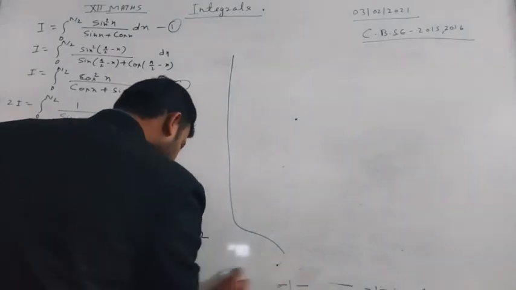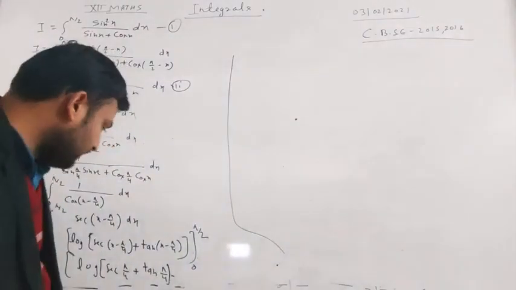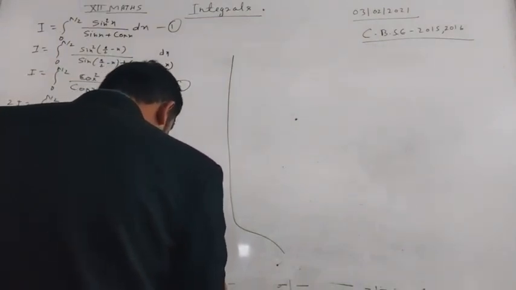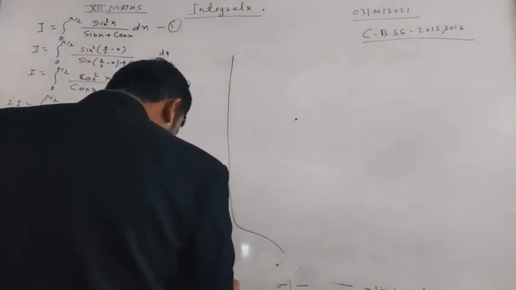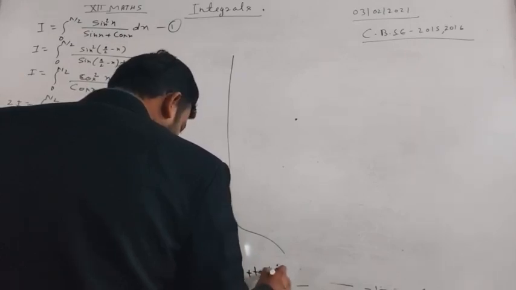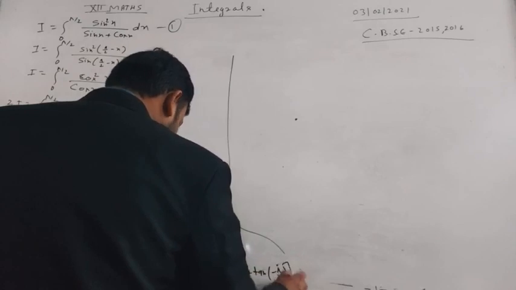Here is a small mistake. Here we can write log of sec of minus pi by 4 plus tan of minus pi by 4. Sec of minus theta is sec theta, so this is sec pi by 4, and tan of minus theta is minus tan theta, so this is minus tan pi by 4.